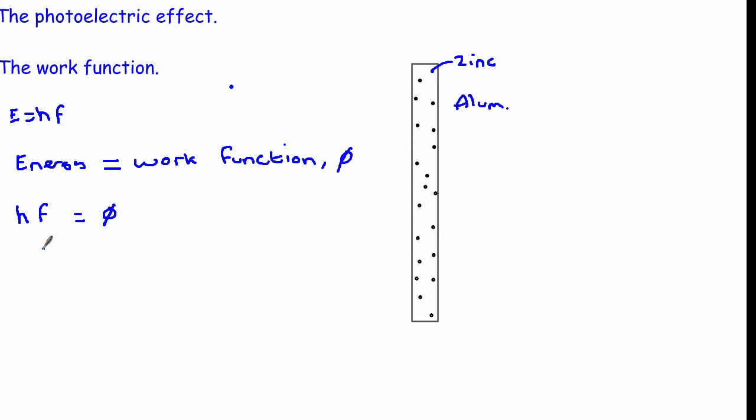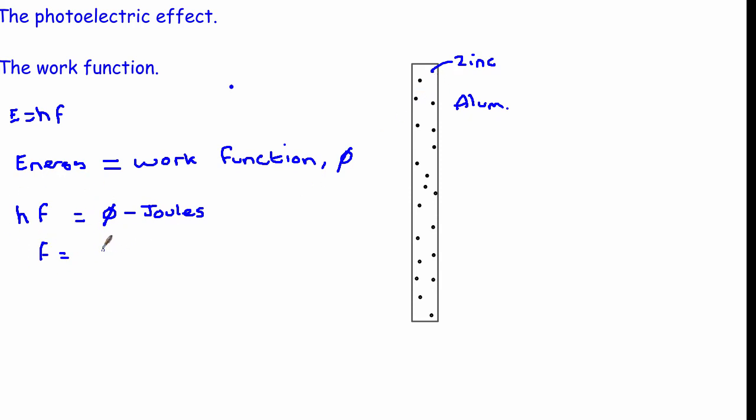Now, a very common question in an exam is to calculate the frequency at which this happens. So if, for example, you know the work function, and this needs to be measured in joules, it can't be measured in electron volts. So if you get a question where this is measured in electron volts, you need to convert it into joules. If you want to work out the frequency of light that's going to break the electron away from zinc, for example, you simply rearrange this equation.